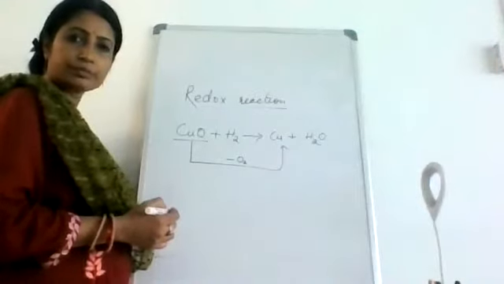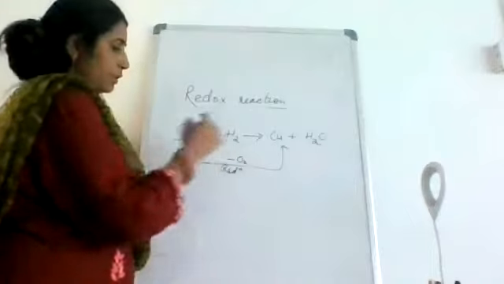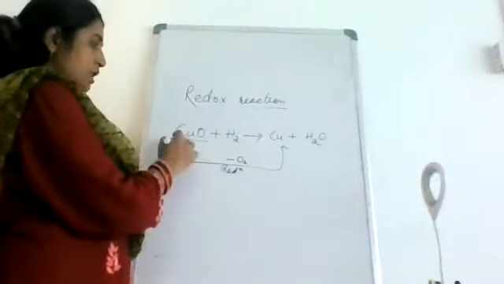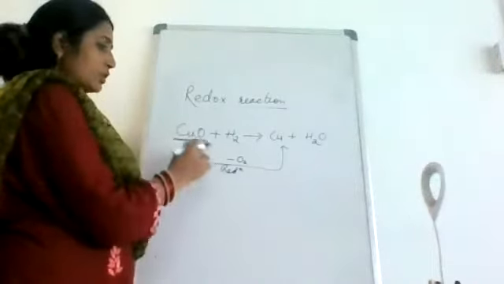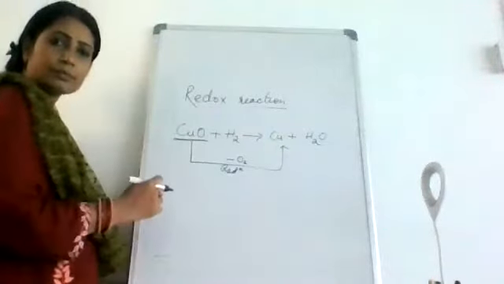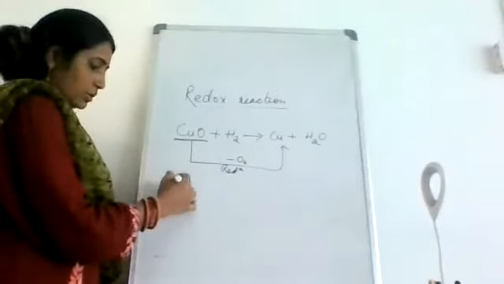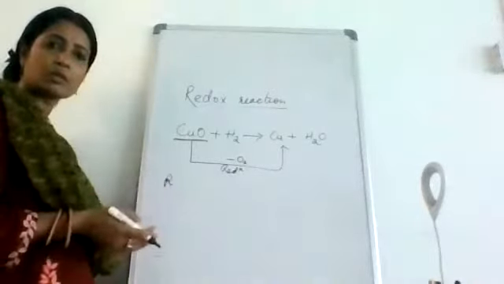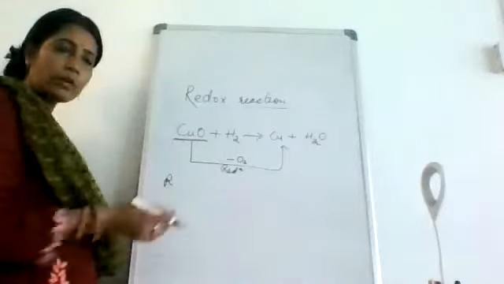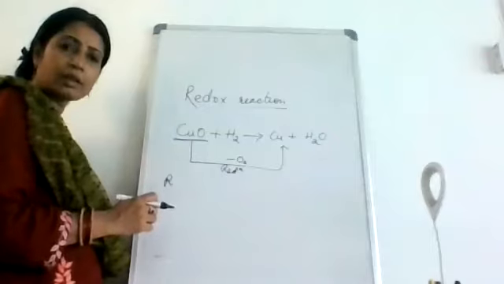There was removal of oxygen, and because it was removal of oxygen, it will be considered as what? Reduction. It will be reduction. And the substance which undergoes reduction in the reactant side is called what? What is happening in the reactant?